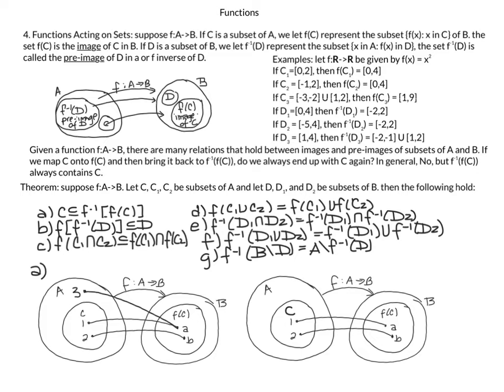So I am going to start by adding something to my picture. Since C is a subset, there must be some other element out here. And then, since we want this 3 to be in the pre-image, you might be tempted to add something like this, C over here. But that's not right, because this set here is supposed to be f of C, and 3 is not in C, so we have to take that away.